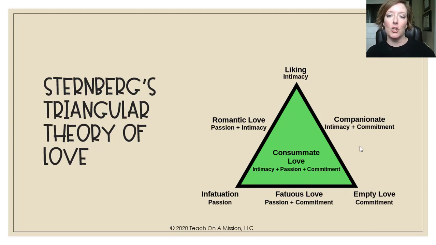Between infatuation and empty love, you've got fatuous love. And this is where there's passion and commitment, but maybe not so much liking. And then there's romantic love, where you really like the other person and you are passionate with the person, you're intimate, but there's not really necessarily a huge commitment. Again, all three of these factors combined is what Sternberg referred to as consummate love.